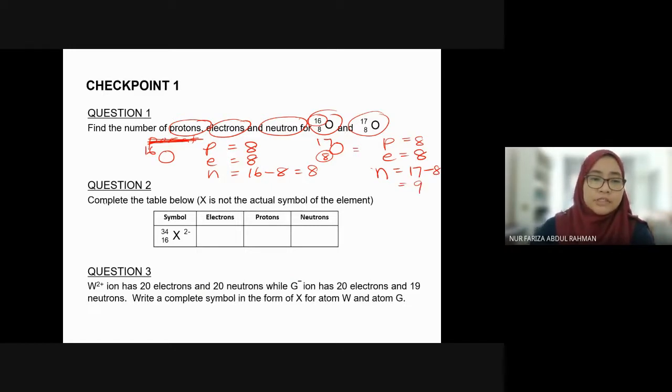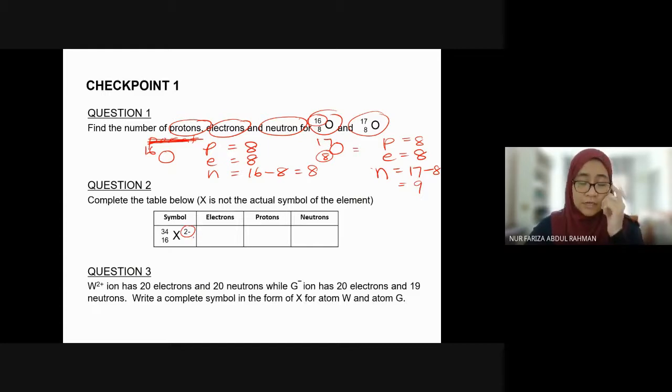All right, question number 2: complete the table below. X is not the actual symbol of the element. So we have X as a symbol, and then we have the charge, 2 minus. The 2 minus indicates that this atom accepts electrons, which means the ion has extra electrons.